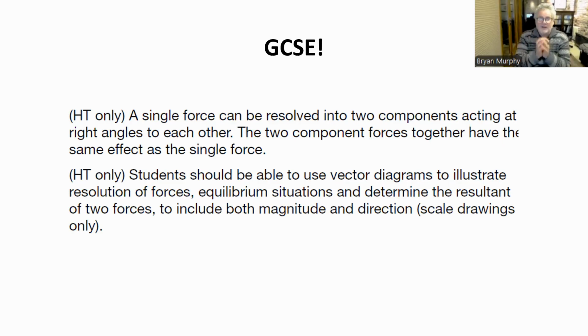A single force can be resolved into two components acting at right angles. At A level, we're sticking with that. Our forces are usually going to be at right angles, and the two vectors add up to give the original single force.